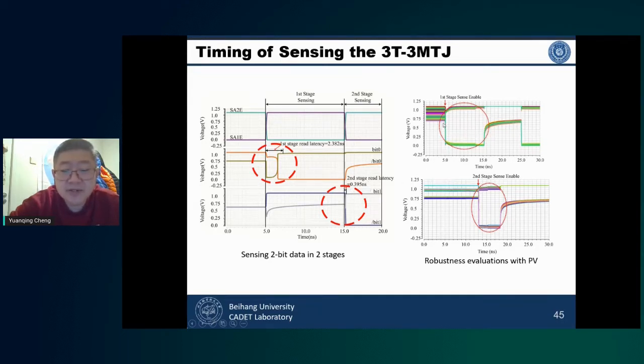We also evaluated the process variation impact on the sensing reliability. This is the Monte Carlo simulation results for the first stage and second stage sensing. From the right side figure in this slide, we can observe that with the process variation, we can also sense out the data very reliably.